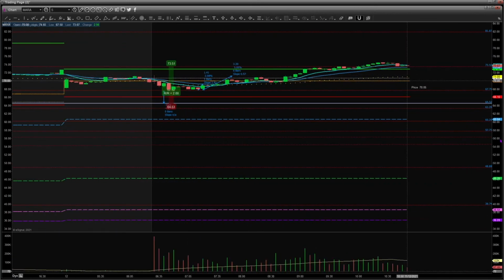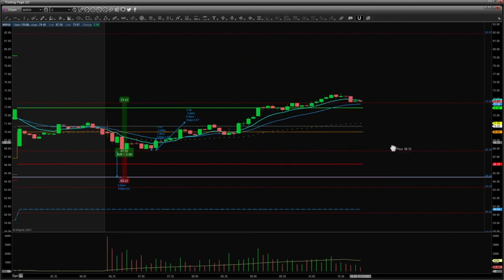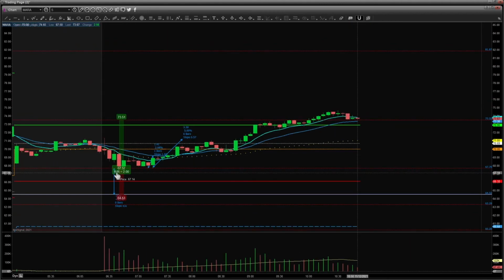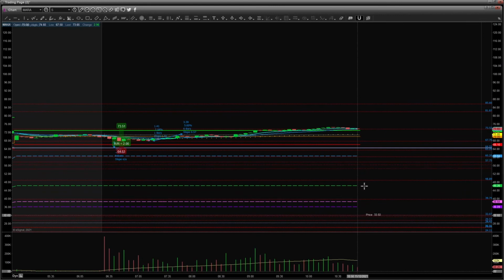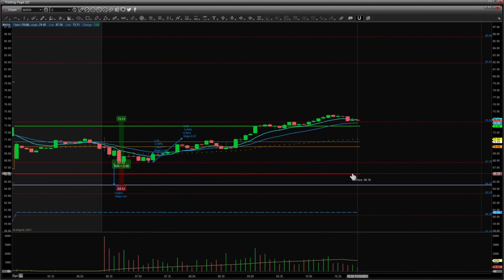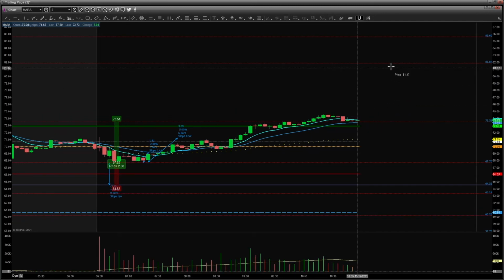The daily moving average for the 20 EMA is down here, and it looks like all of our EMAs are down here. So that's good, we're in the clear for those. This is the previous day's low and high, and we've cleared that. So it looks like we have no resistance to hit this level.